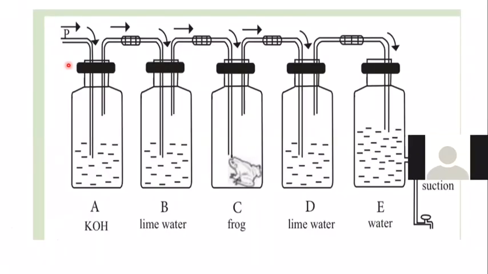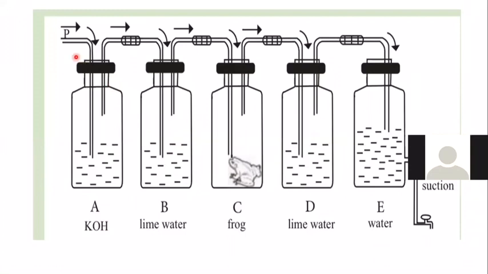The purpose of this experiment is to show that carbon dioxide is released during the cellular respiration process. Right? The basic purpose of this activity is to show that carbon dioxide is released during cellular respiration.